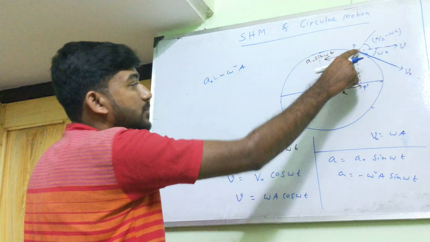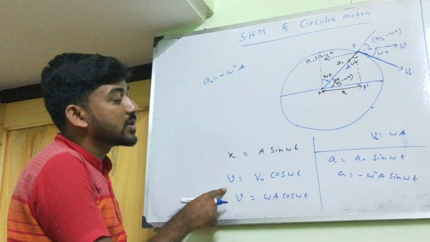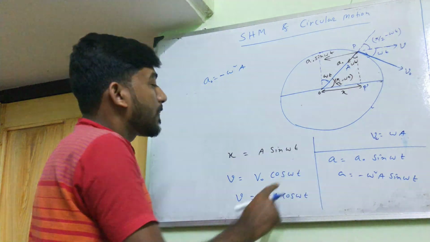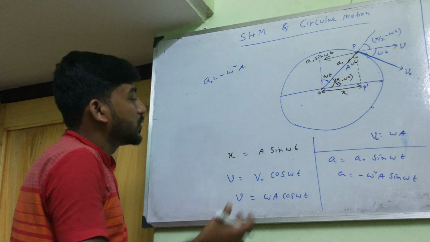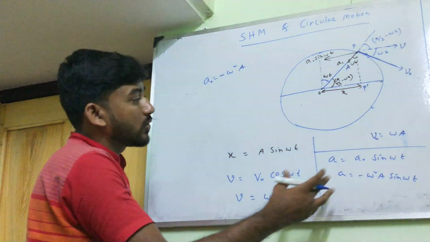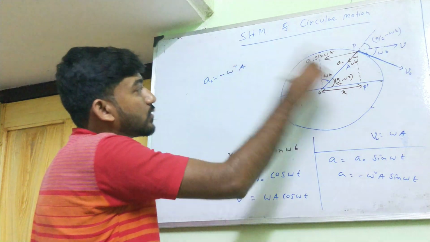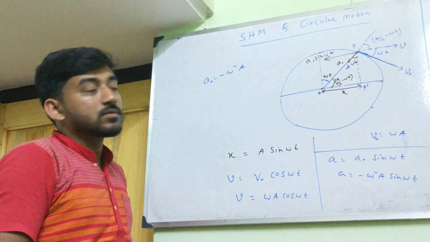The velocity of this particle along the diameter will be the velocity of the SHM. Similarly for the acceleration. So instead of solving the differential equation, we can get all the kinematics results that we need from the circular motion concept, or by comparing SHM and circular motion.